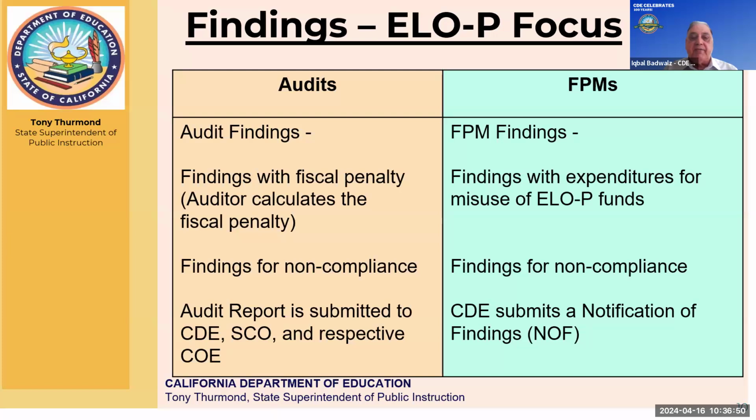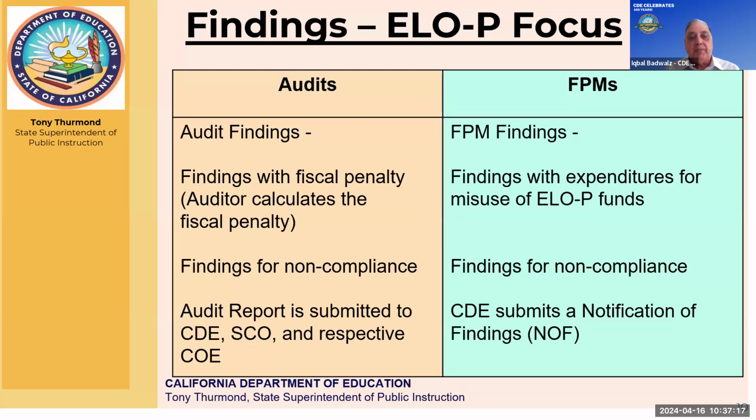Now, there's a second kind of finding, which is non-compliance. For these findings, we will be reaching out to you after we have received the audit report. Once the auditor completes the audit report, they submit it to the California Department of Education, the School Fiscal Services Division, another copy to the State Controller's Office, and a third copy to the respective county office of education.